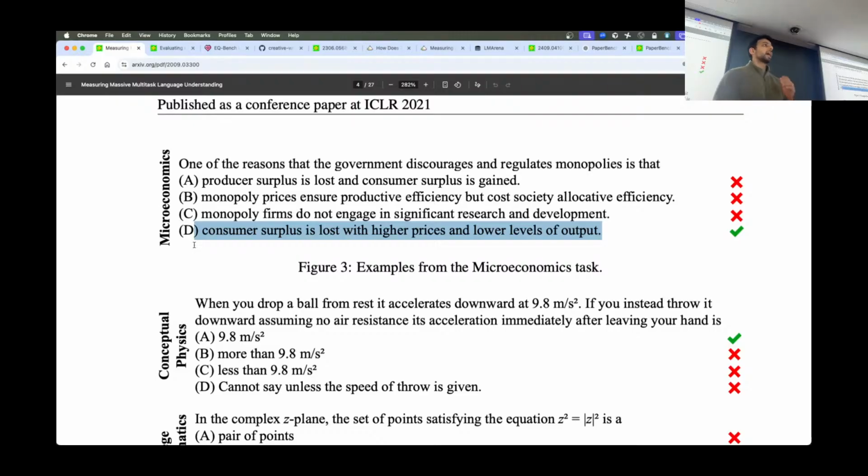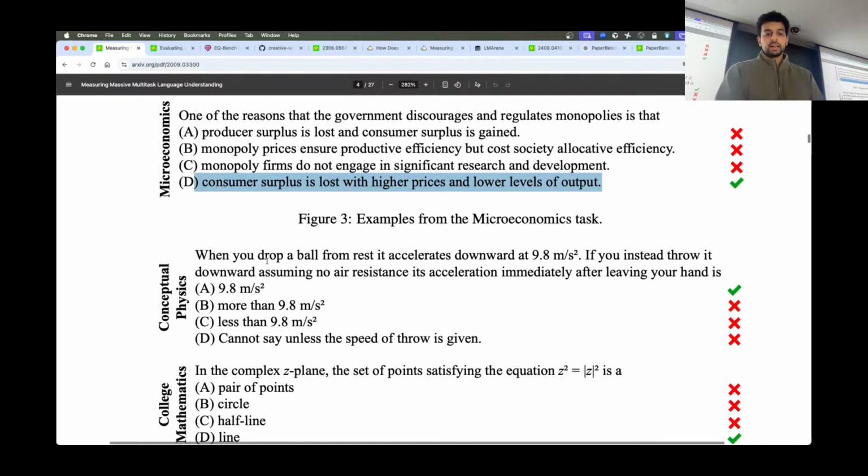So they have experts write these questions. There are advanced versions of this data set where they took a bunch of college textbooks that had multiple choice questions in them, like at the end of each chapter, and turned those into a data set to evaluate different models.